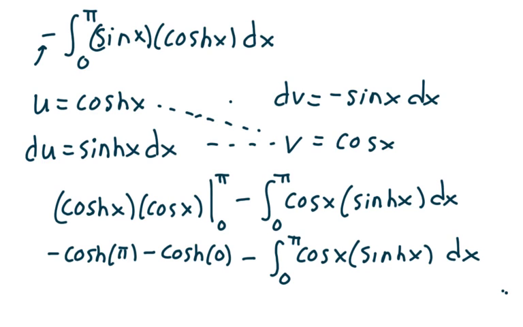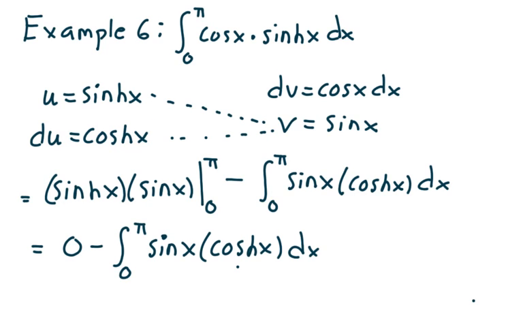Now, here's the goal. We've got to put everything together. It turns out the integral from 0 to pi of cosine x times hyperbolic sine of x dx is equal to this integral down here. So let's write that down.